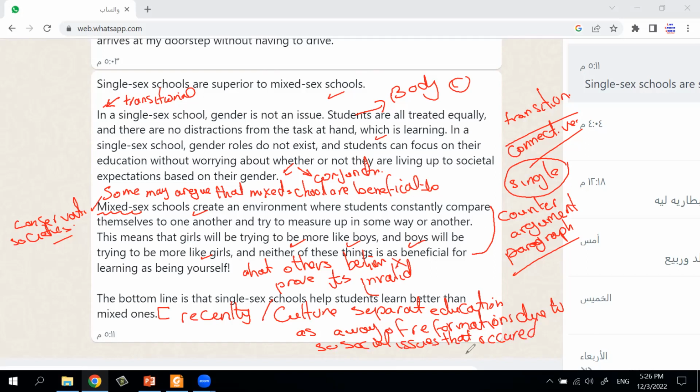Okay, then mention what you believe, if you agree with this idea or you disagree with the idea. Okay, Ahmed. This is the introduction.